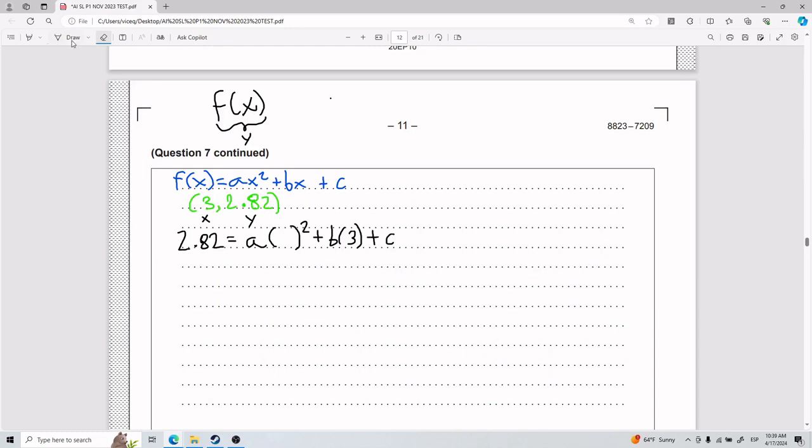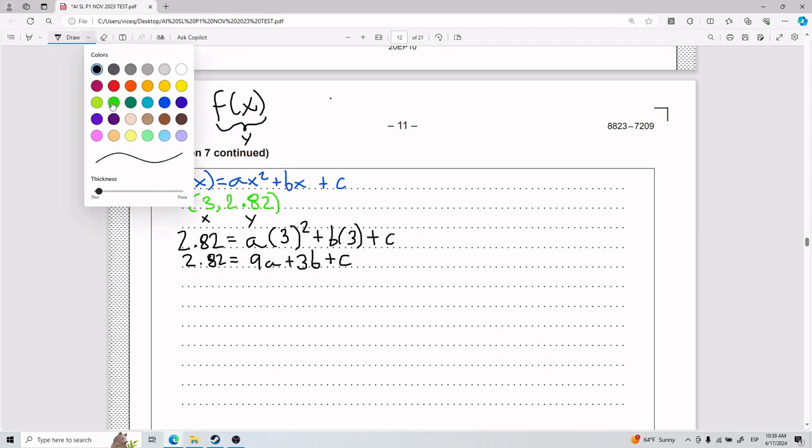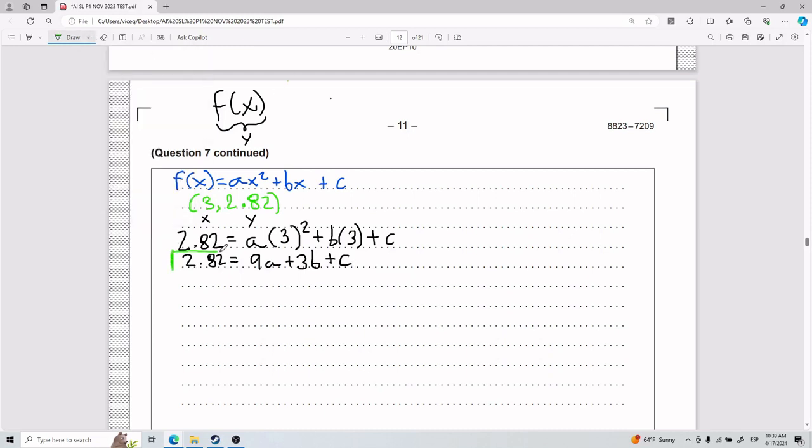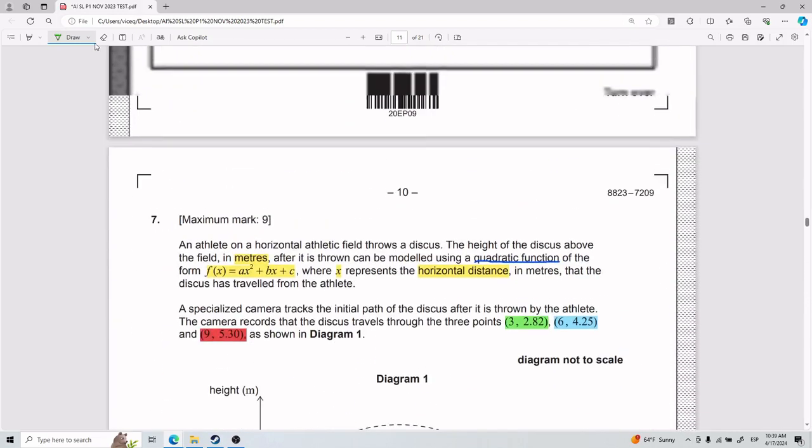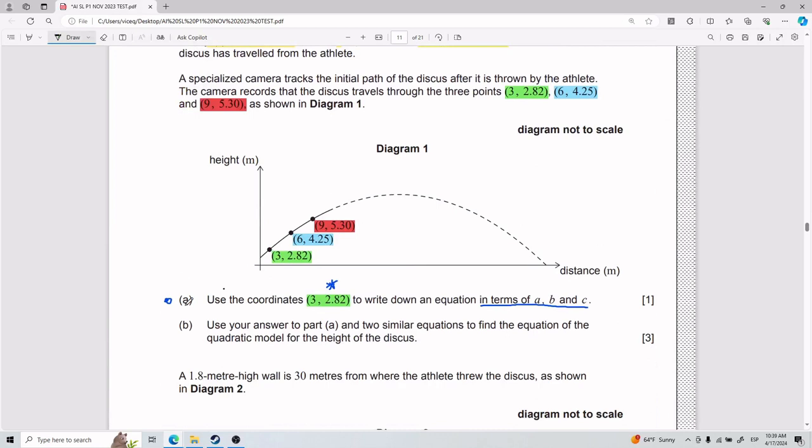If you simplify this a little bit, you end up with 2.82 equals 9a plus 3b plus c. And this is for the green point. All right, so that is for part A.